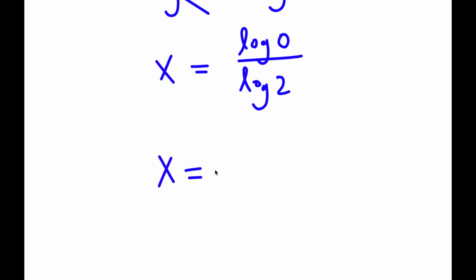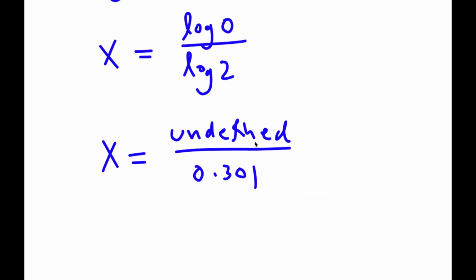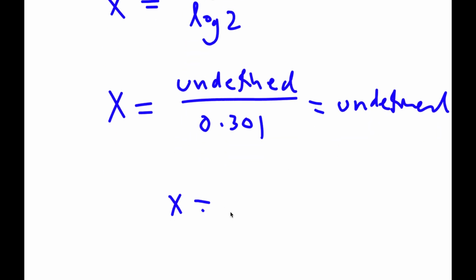Now log 0 is actually undefined, and log 2 is 0.301. Now, if something's undefined and it's divided by a number, then the result will also be undefined, because you can't divide an undefined value by another number, meaning the value of x is undefined.